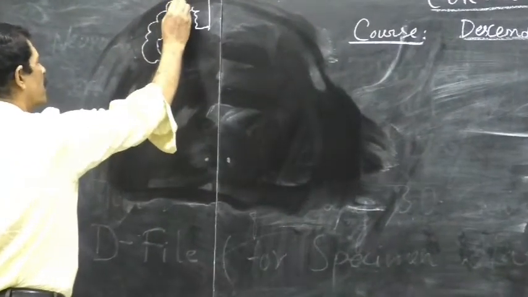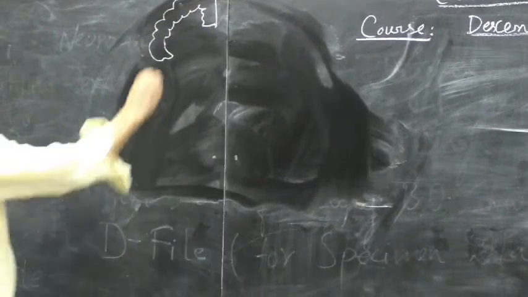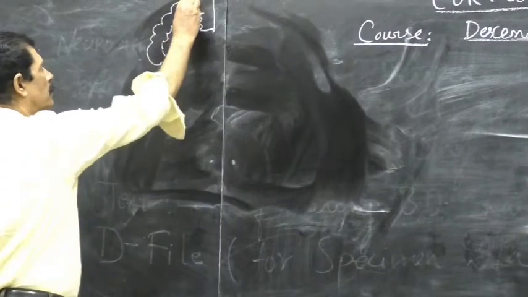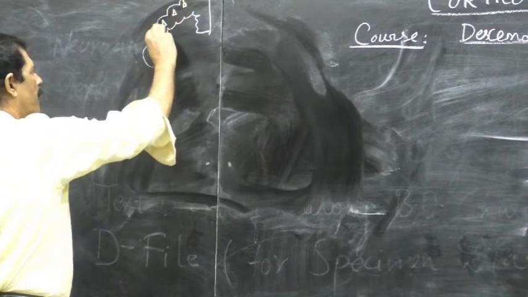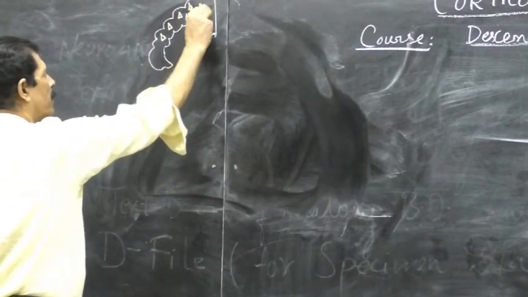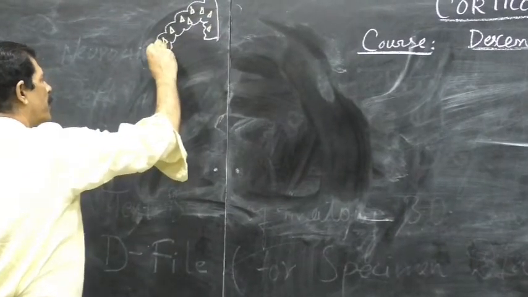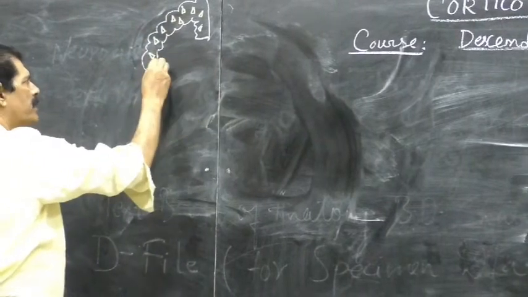What we represent here is that there are cells present, and these cells are large in size. They are larger than any other cells in the cerebral cortex or the gray matter. And they are triangular or pyramidal in shape, with their apex towards the peripheral side and the base facing centrally.